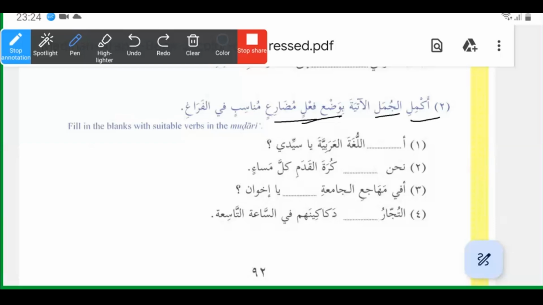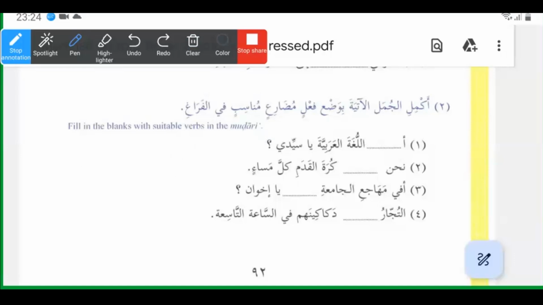Adash lugat al arabiyata ya sayyidati. Sayyidun means sir, and sayyidi means my sir. Ya sayyidi means oh my sir. Once ya comes, that's a sign that this is the second person.